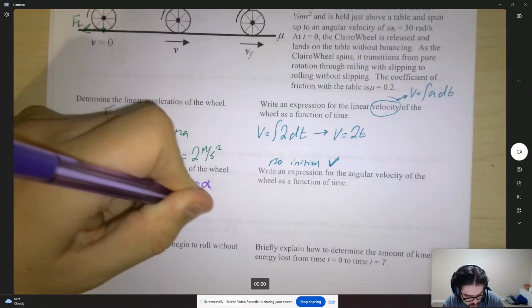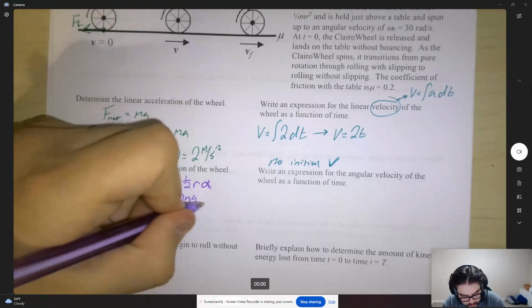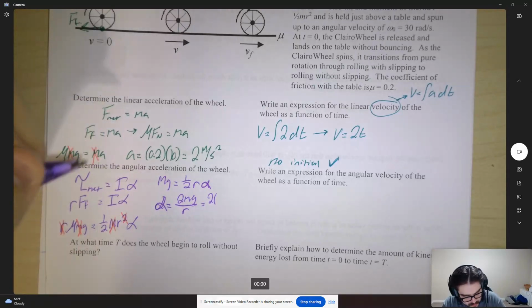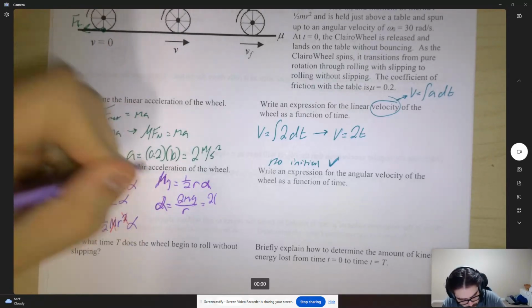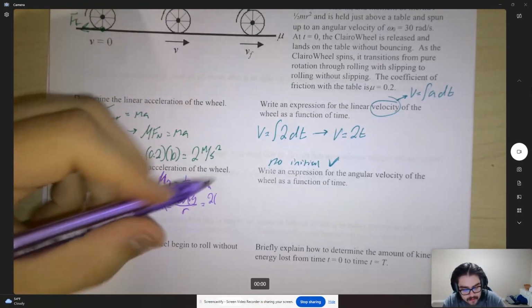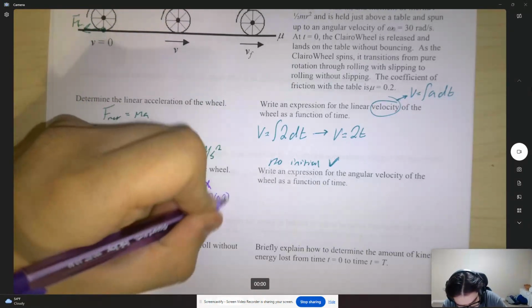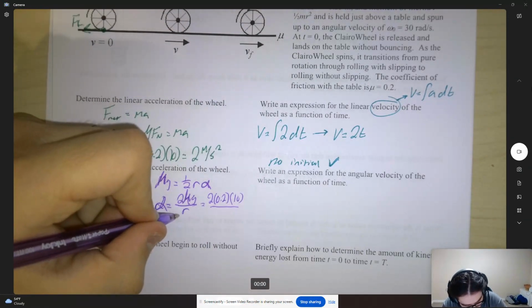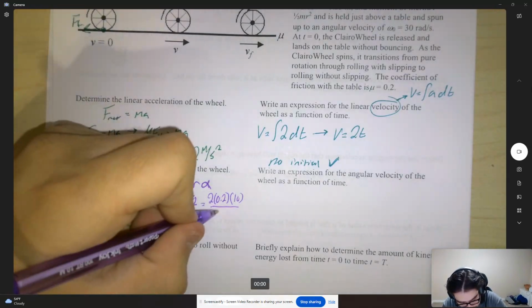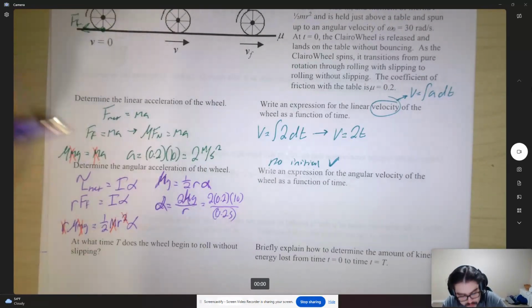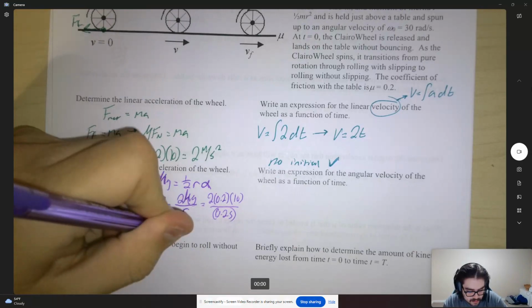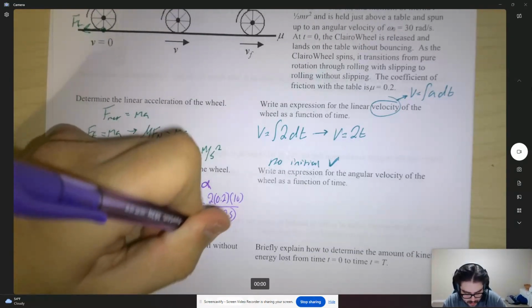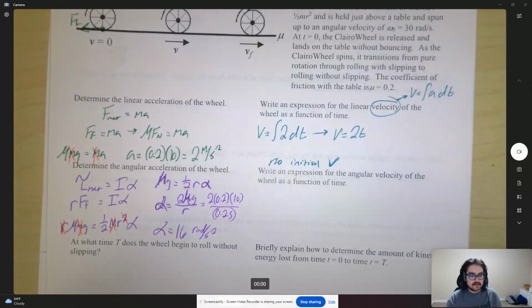When I plug everything in, I get 2, the mu is 0.2, g is 10, and then r, the radius, is 0.25. That was given to us in the problem text. And we should end up getting alpha will be equal to approximately 16 rad per second squared.